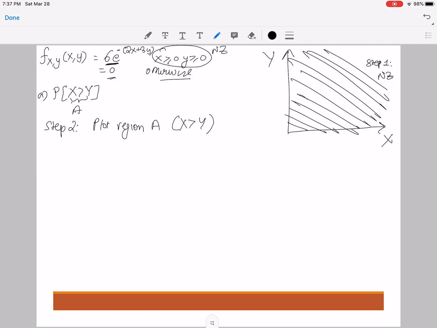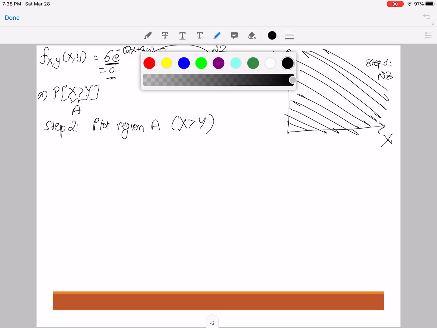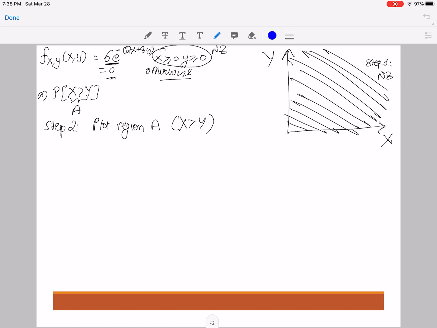So let me draw the equality relationship, which is x is equal to y. And then we'll find out where x is greater than y actually is. X is equal to y will be this straight line, like that.